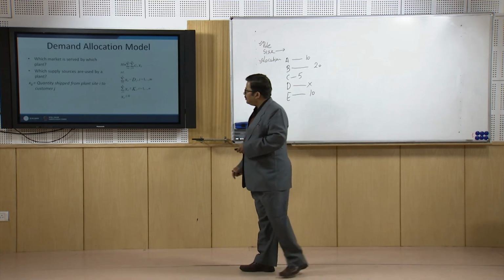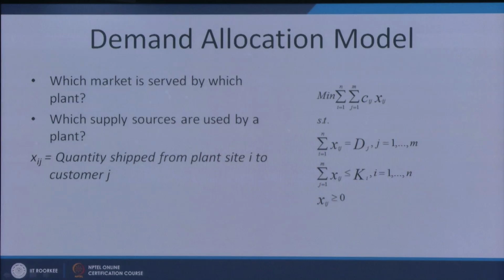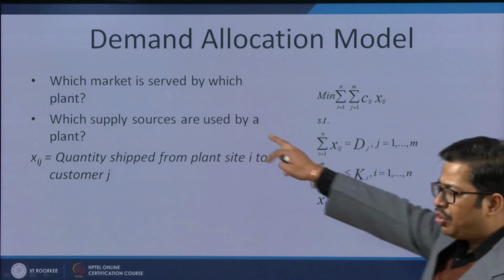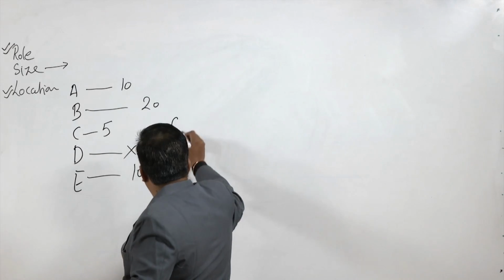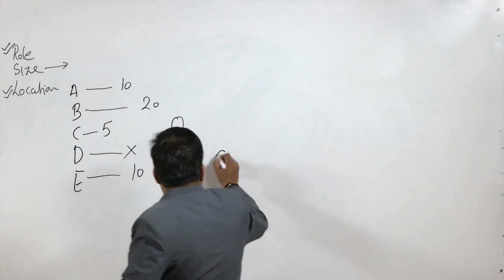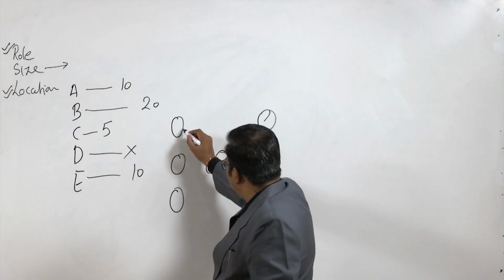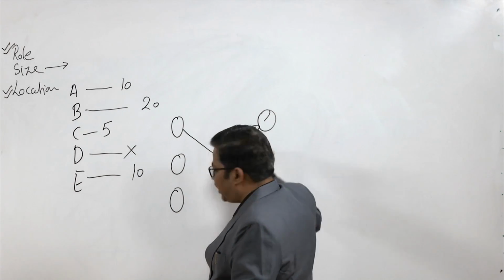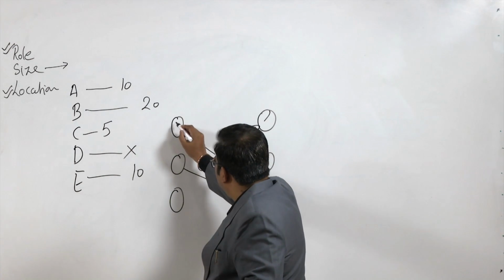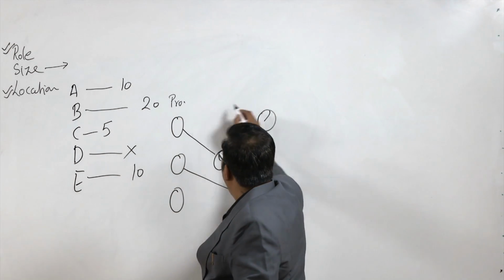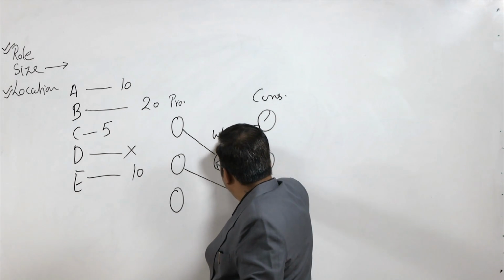For this purpose you have this type of demand allocation model. In the demand allocation model you have various facilities, and you would like to see which market is to be served from which facility. These are the production facilities, these are the consuming areas, and this is a warehouse.